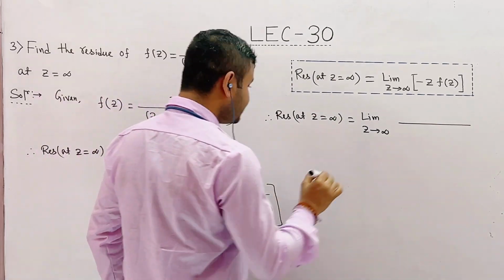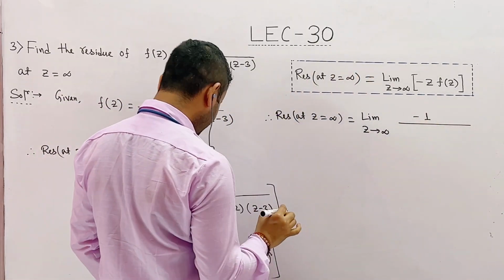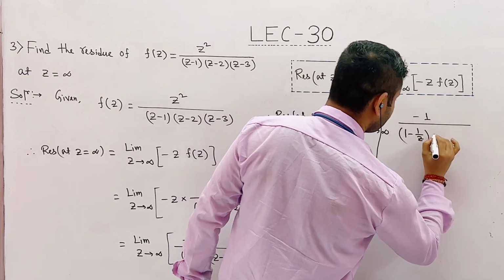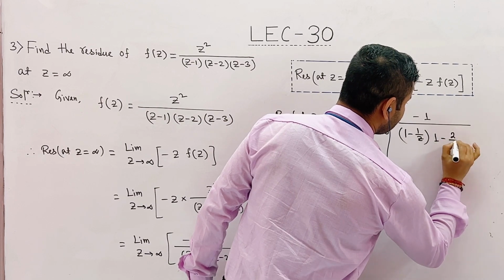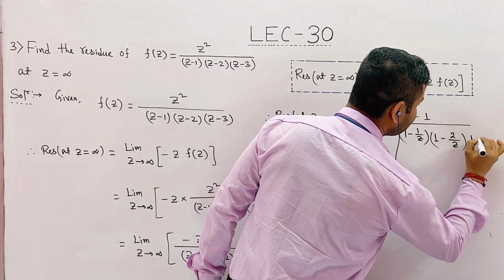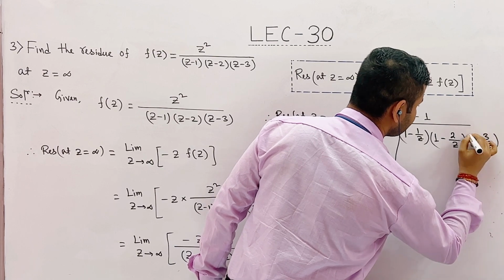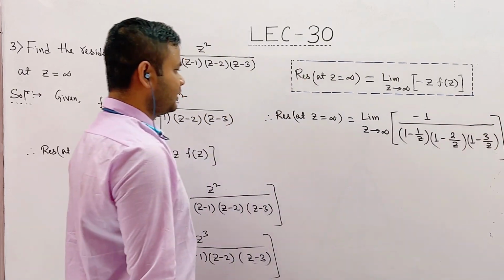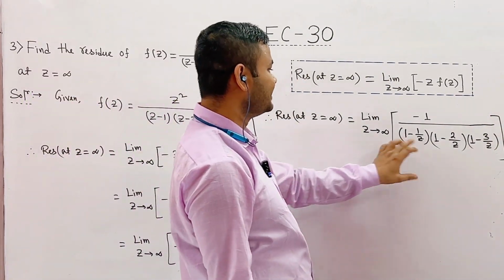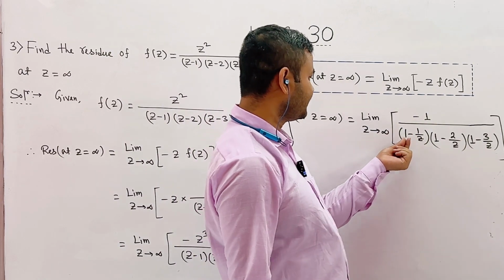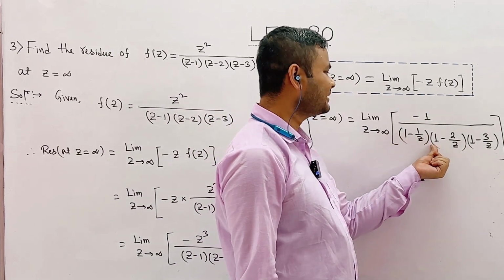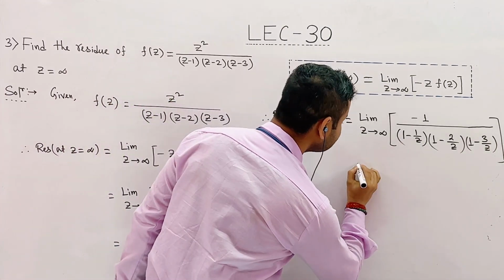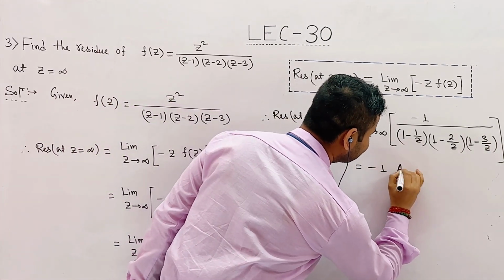This term can be written as minus 1 divided by (1 minus 1 by z) into (1 minus 2 by z) into (1 minus 3 by z). Next, if we substitute the limit here, then we will get minus 1 divided by 1 into 1 into 1. Finally, we get residue at z equal to infinity as minus 1. So this is the answer.